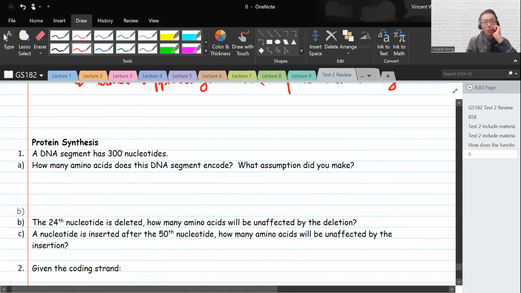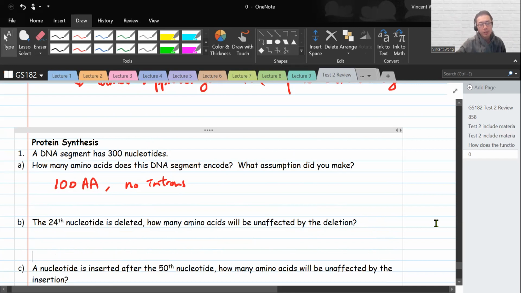Well, 3 nucleotides make 1 codon, right? And 1 codon makes 1 amino acid. So if you have 300 nucleotides, you're going to have 100 amino acids. What assumption did you make? No introns. Okay, so if everything here is expressed in the DNA, you're not cutting out anything, then you should have at most 100 amino acids.